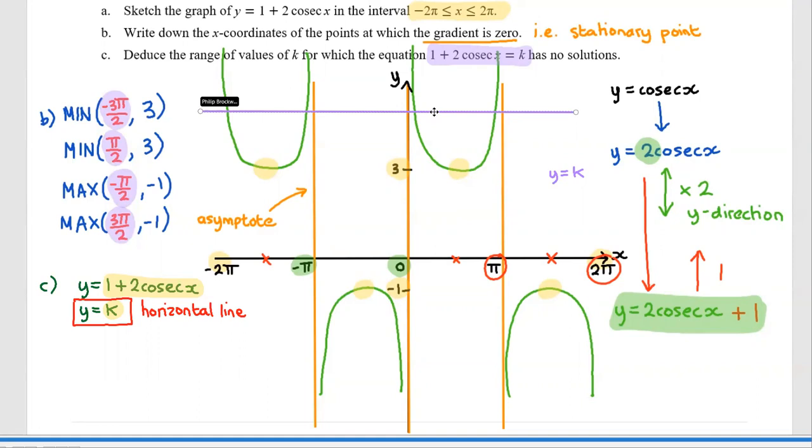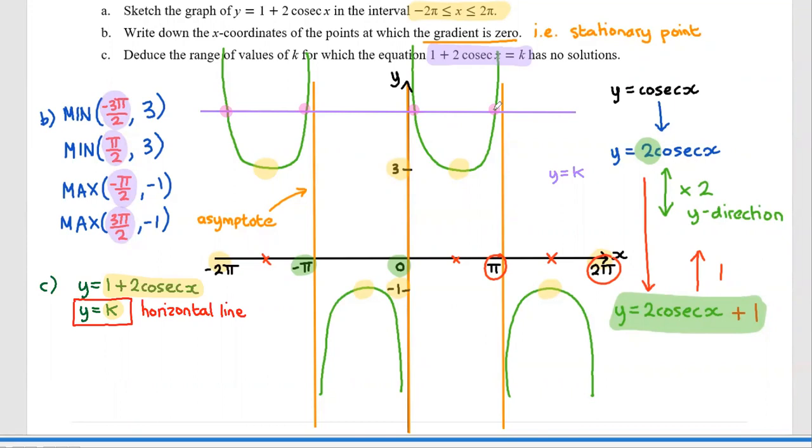At the moment, we've got how many points of intersection? Well, we've got 1, 2, 3, and 4. Remember it doesn't intersect the asymptotes. They're just points on the x-axis where the graph is not defined. So there are 4 points of intersection there.